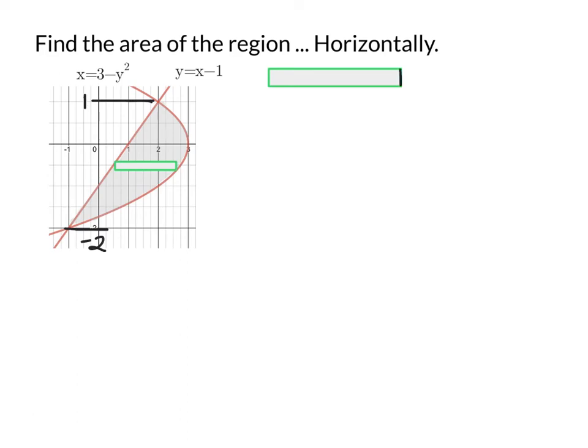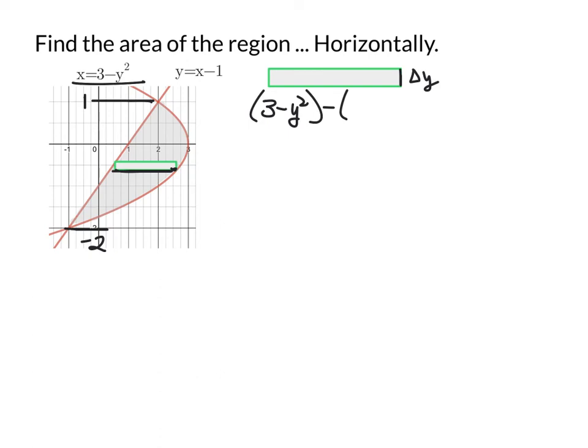Our vertical side is a vertical change, so that would be delta y, which means we're going to need our horizontal side, our base, to be written in terms of y. But over this entire interval, notice that the parabola is the bigger curve and the line is a smaller curve. So when we do big curve minus small curve, we're going to take the bigger curve written in terms of y, which it already is, so 3 minus y squared, then subtract off the smaller curve, the line, written in terms of y.